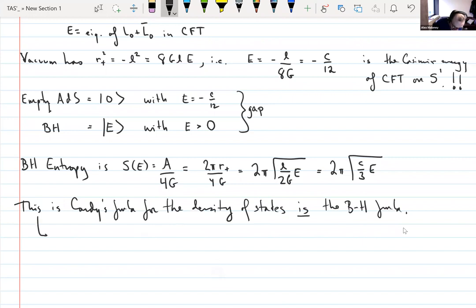And this provides an interpretation of Bekenstein-Hawking entropy as a log of a density of states, completely independent of string theory.